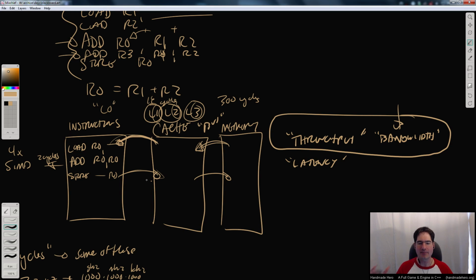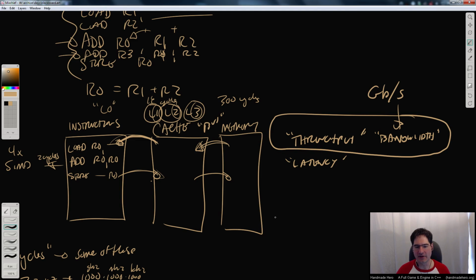Because at a bare minimum, even if you did nothing but move it from one place to another, it has to come into the processor and back out again. So the bandwidth to the memory, typically given in gigabytes per second, for example, is what determines how much memory we'll be able to move through the processor at peak, okay?